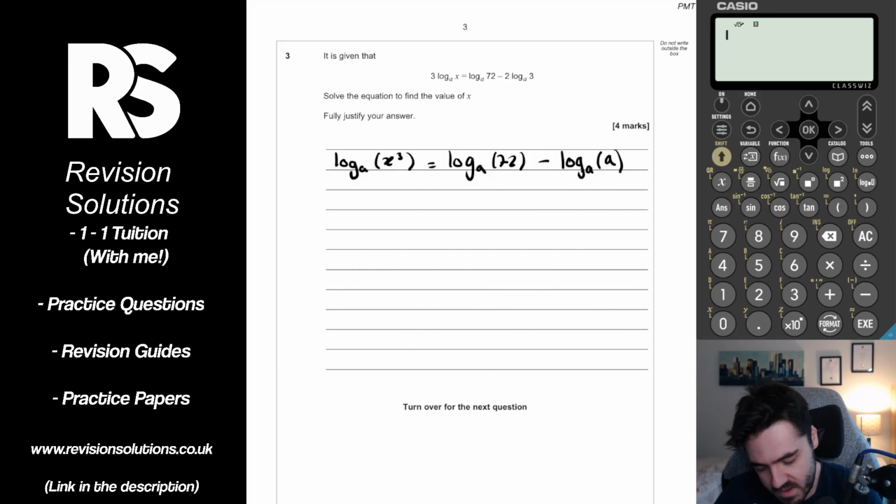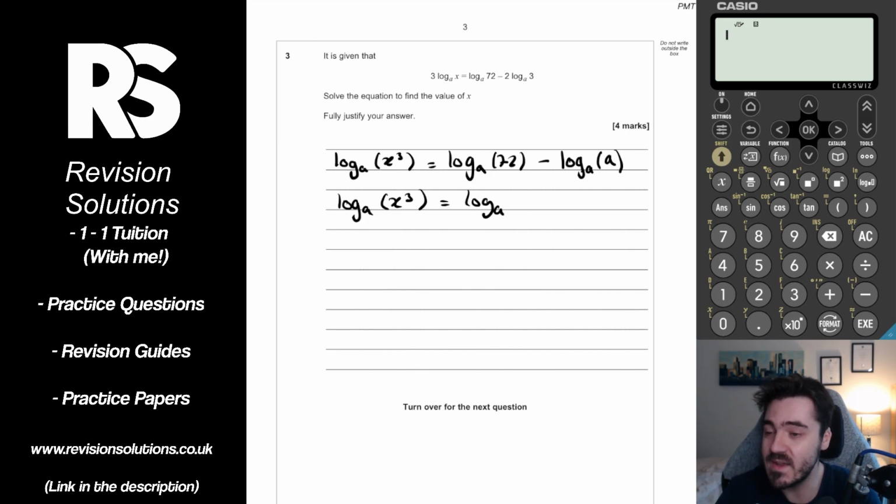And then we can combine the two logs on the right-hand side with the subtraction rule, which means we divide the insides of the logs. So doing that, we have log base a of x cubed equals log base a of 72 over 9. That's just 8. So log base a of 8.